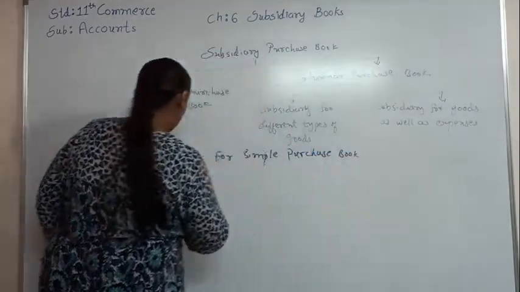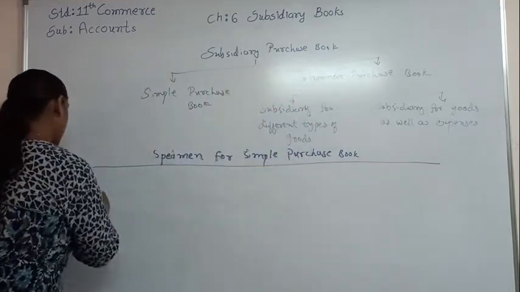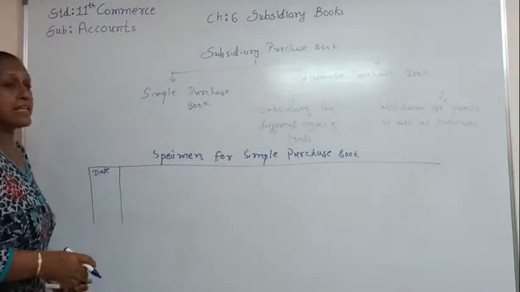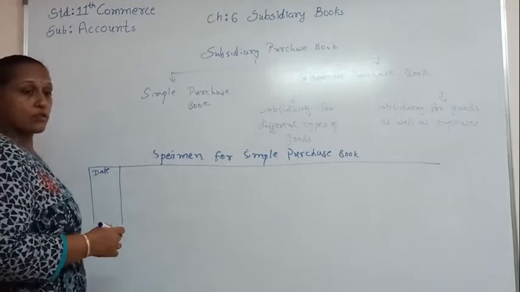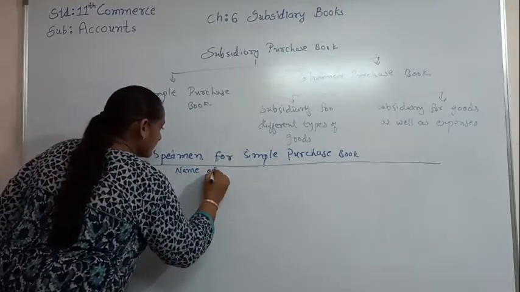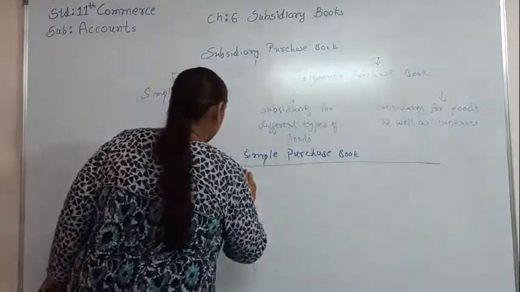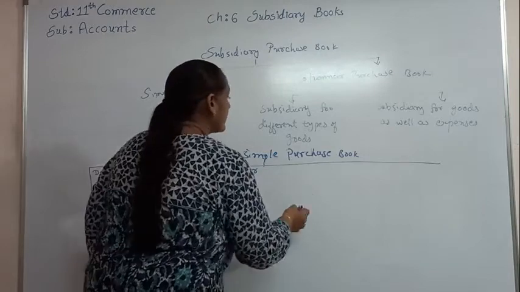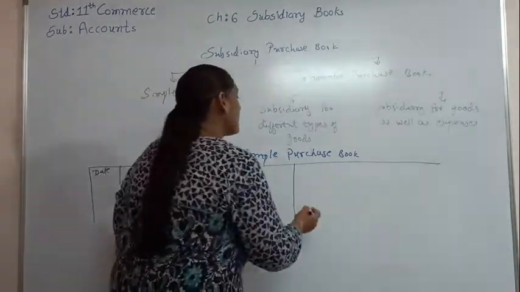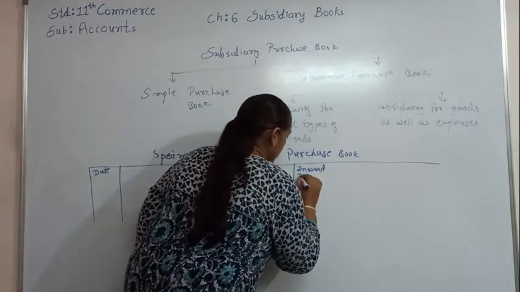In that, the columns that we are going to create: the very first will be date, the second, as it is a purchase book, we are going to write the name of the supplier, then the next column will be for the inward invoice number, as the goods are going to come in.